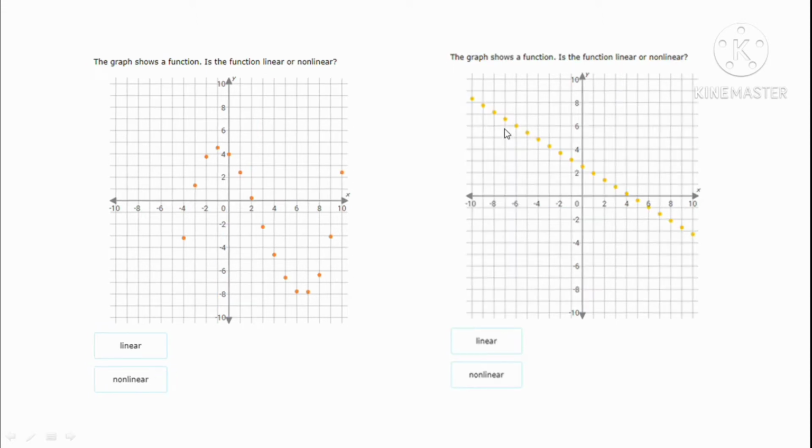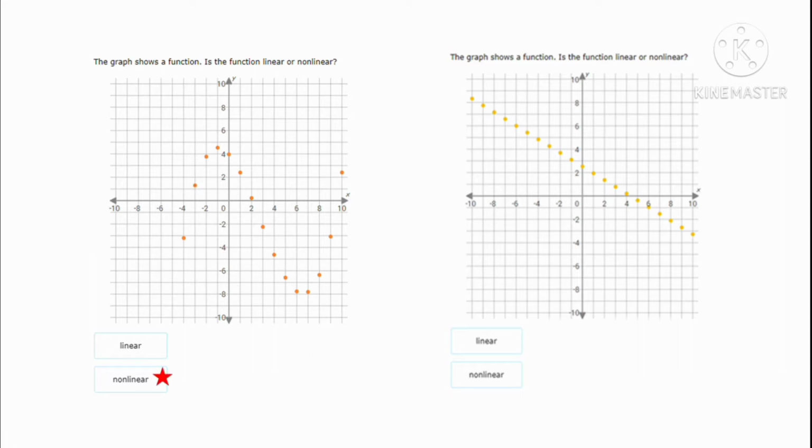So next, I would like you all to guess, is this first picture linear even though it is drawn as dots here? You will be able to trace the dots and it will form a graph, a function. Is this linear? Not right, because it has a curve here and a curve here. It is not a linear function.